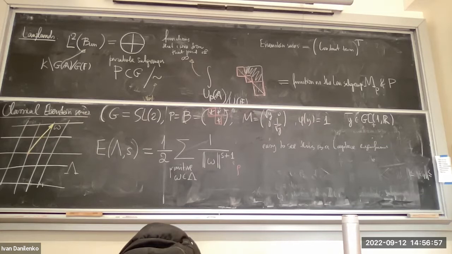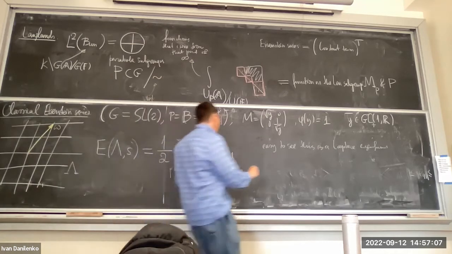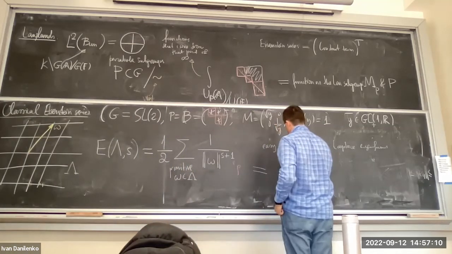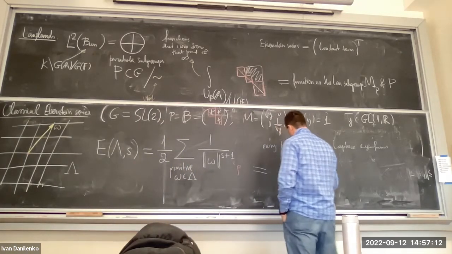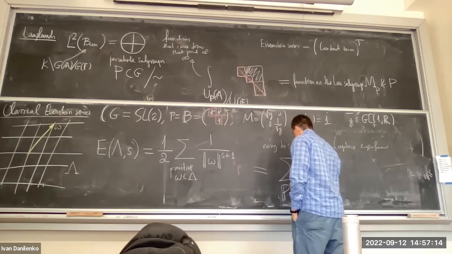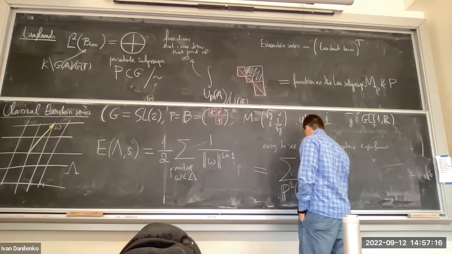First of all, they are pairs of coprime integers up to plus or minus. It's also the same as points of P1 over Q. So this is the same as a sum over F of q.